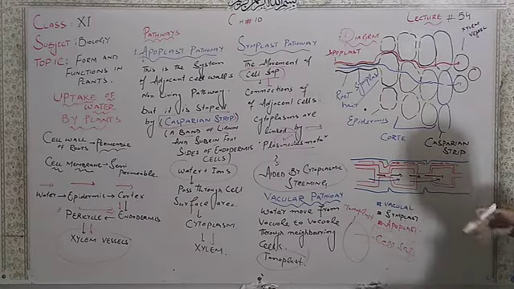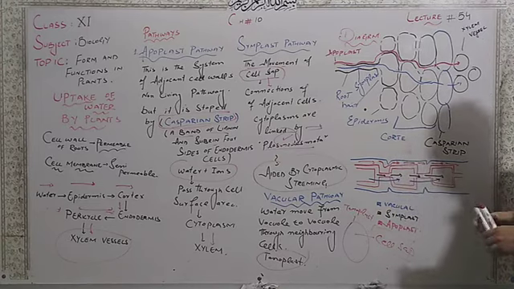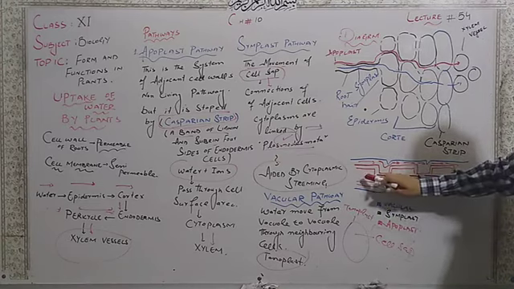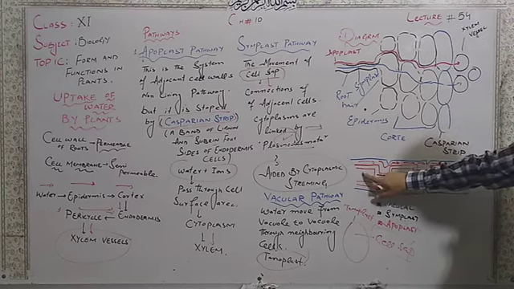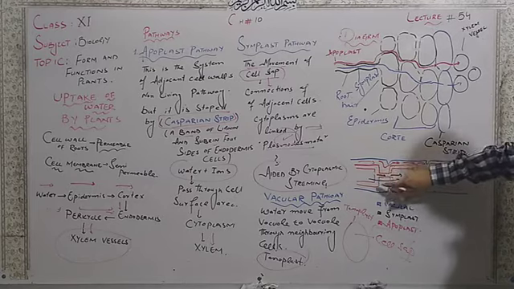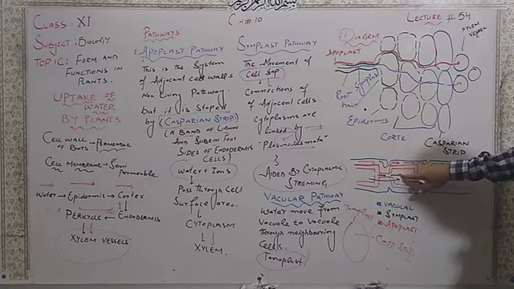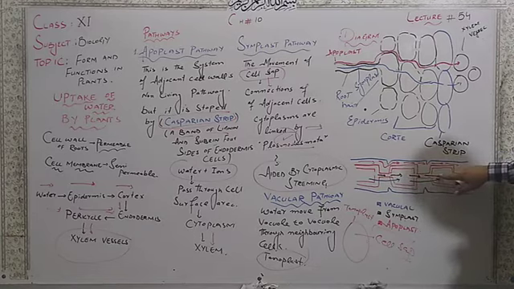Then if you come to the third way, the vacuolar pathway, these are the vacuoles. So when it is cytoplasm to cytoplasm, these are called cytoplasmic connections, plasmodesmata. If the water is moving through these cytoplasmic connections, it is the symplast pathway.